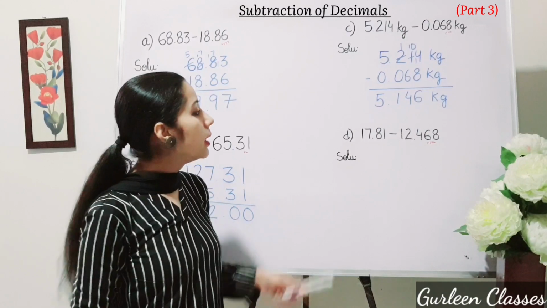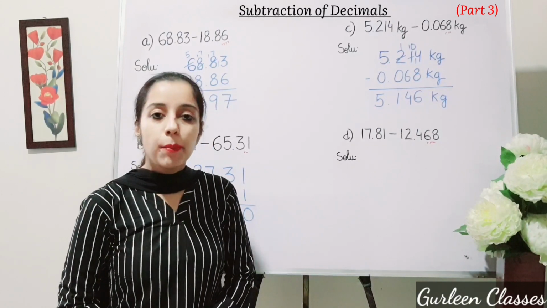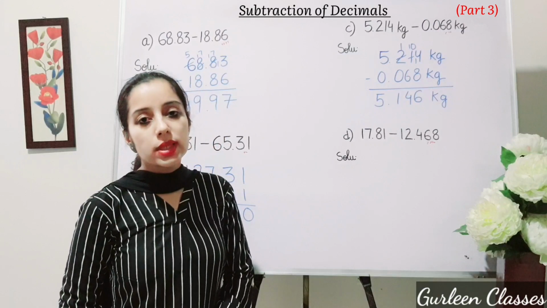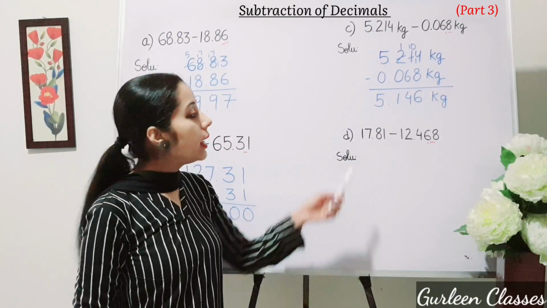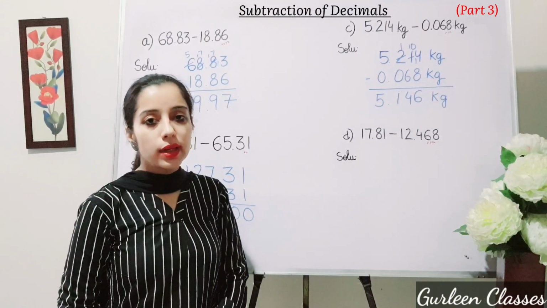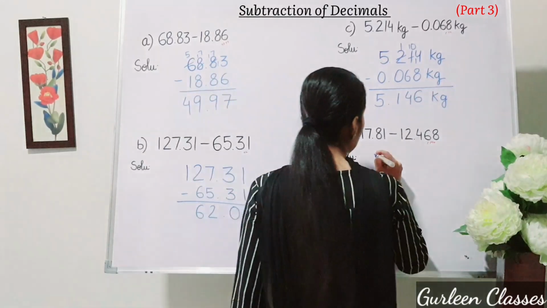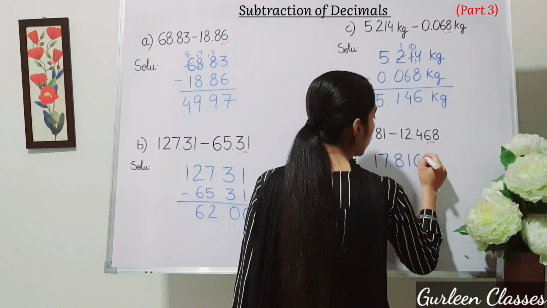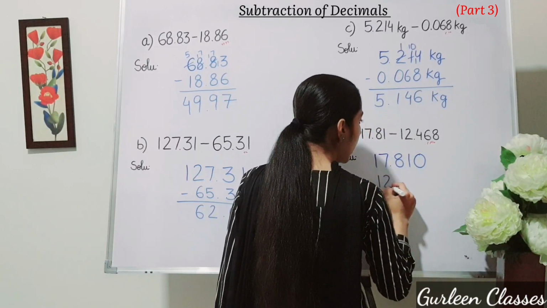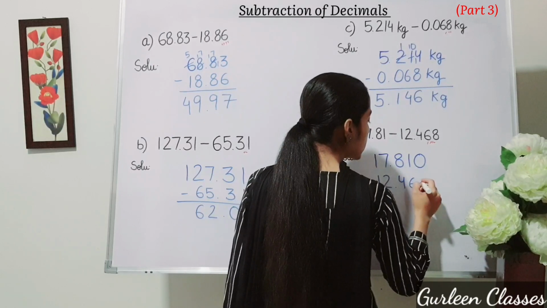Now D part: 17.81 minus 12.468. So after the decimal point, here are 2 digits and here are 3 digits. So let us convert into like decimals. So right here 17.810 and here 12.468.